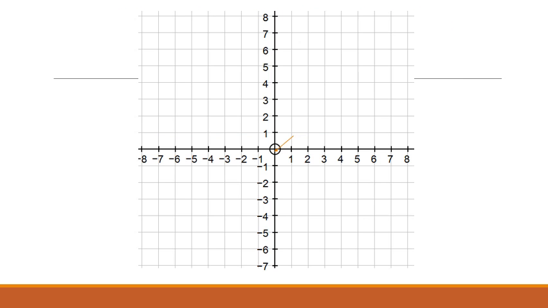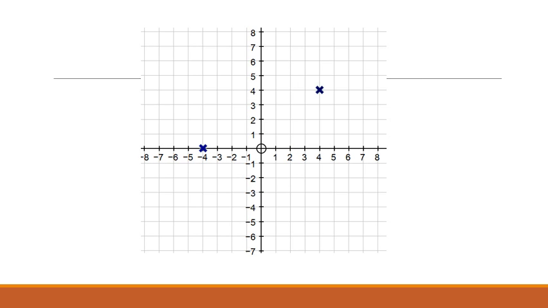Okay, some of the things that you'll be doing in this unit. Well, first of all, we'll be looking at the actual Cartesian grid and what it's made up of. The different labels, the axes, the origin, the centre of the grid, and the different quadrants.